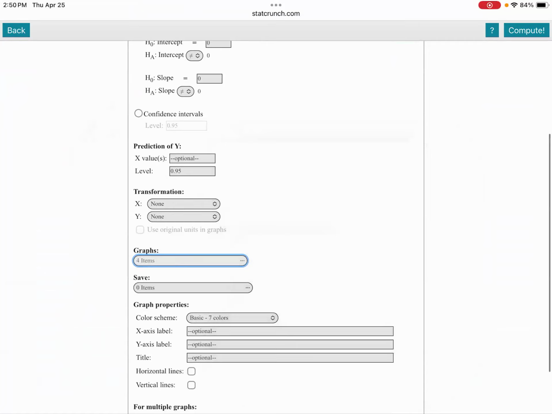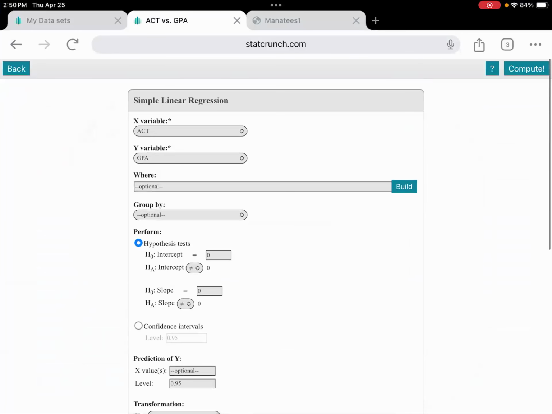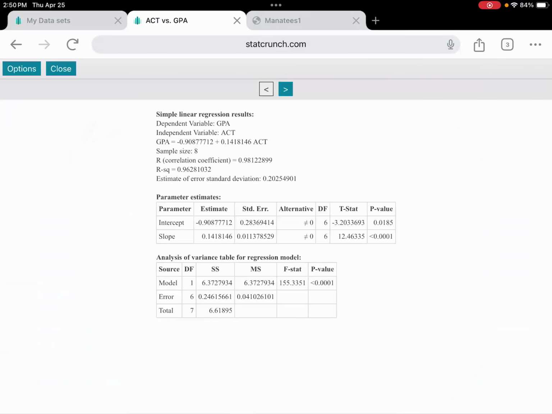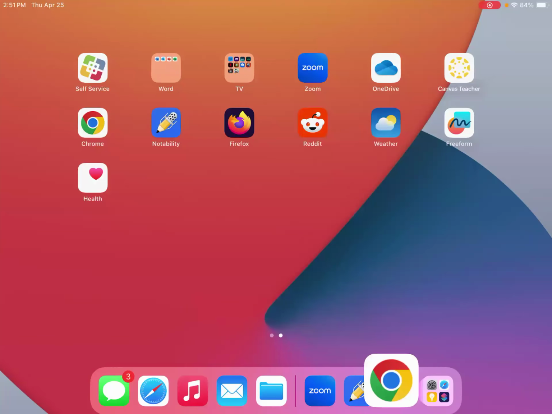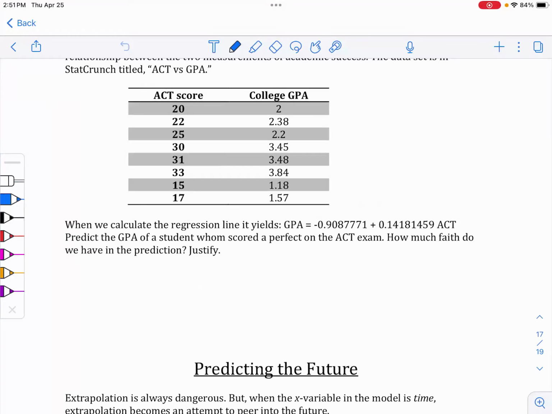And I will add my additional graphs. And StatCrunch gives me the equation GPA equals negative 0.91 plus 0.14 times ACT, our standard y equals mx plus b equation. So with that, when we calculate the regression line, it yields what we just saw.